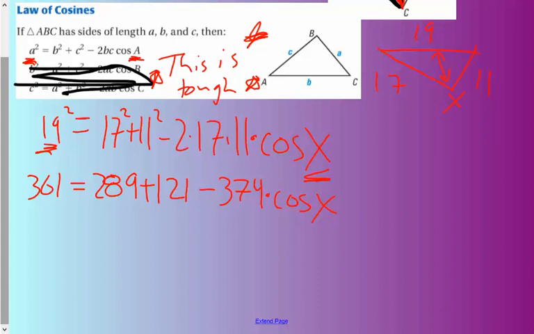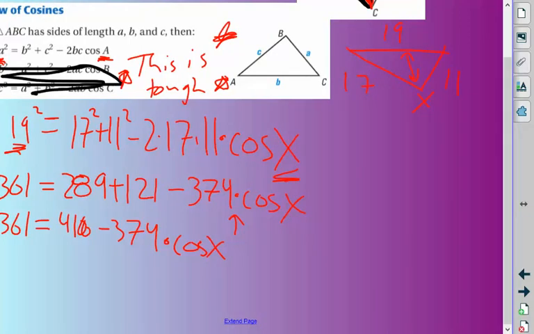You cannot do that. And the reason why you cannot do that is because of this multiplication symbol right there. So you can do 289 plus 121, and that's 410. But you cannot do 410 minus 374.